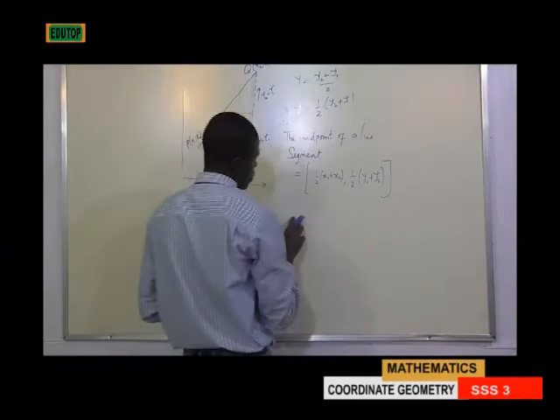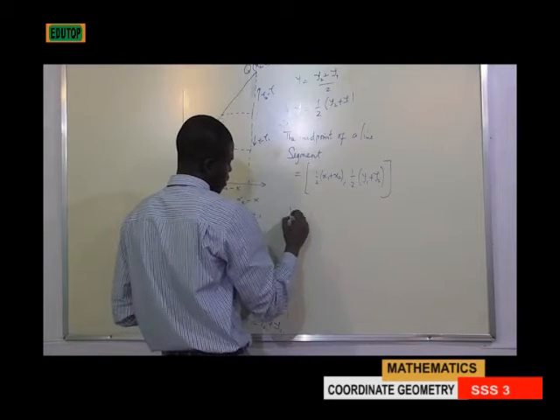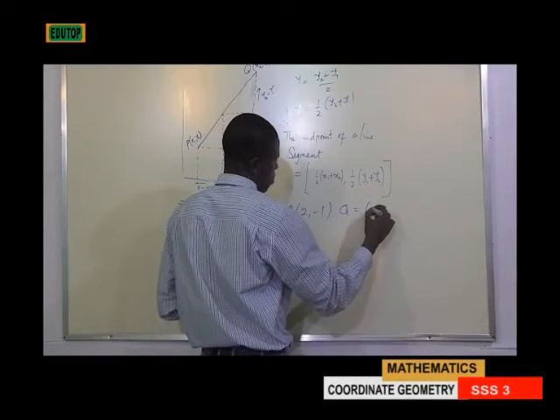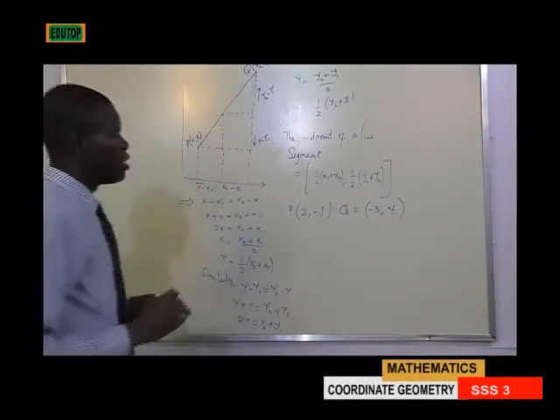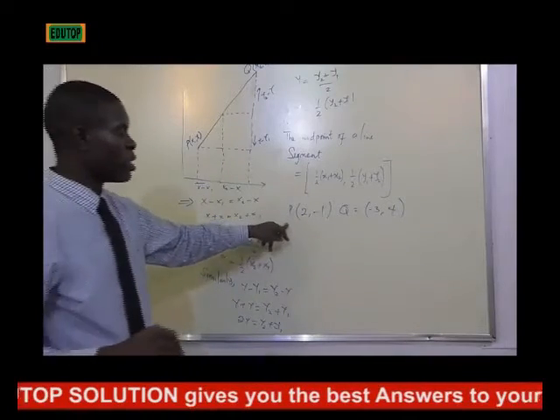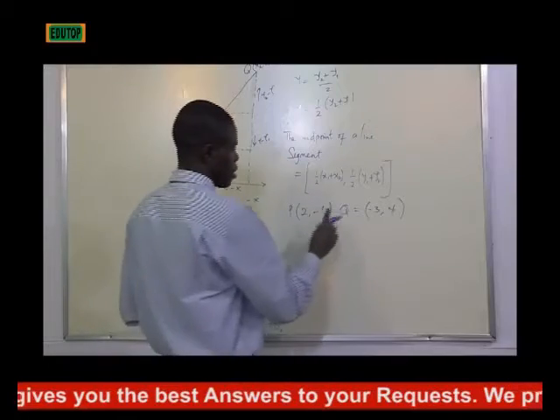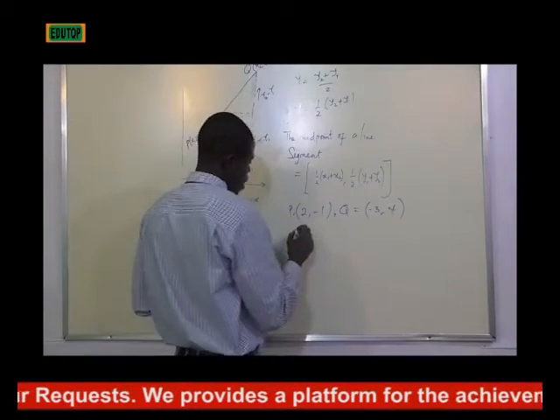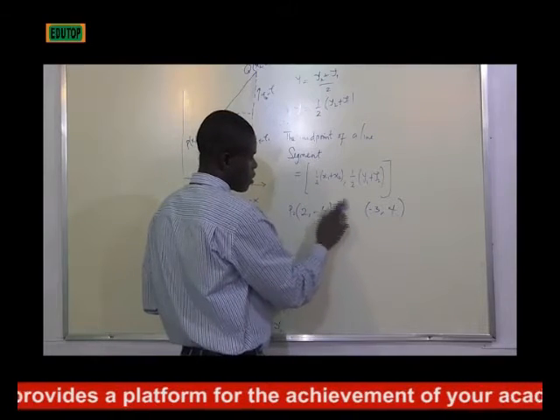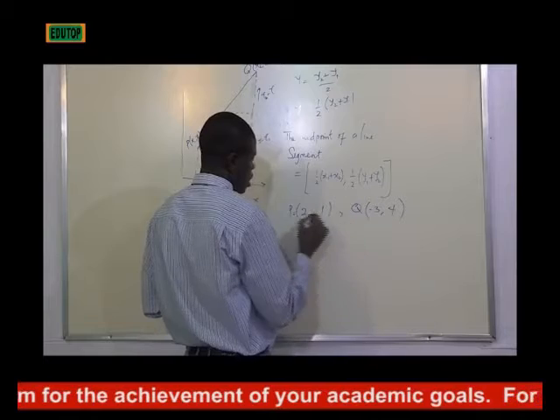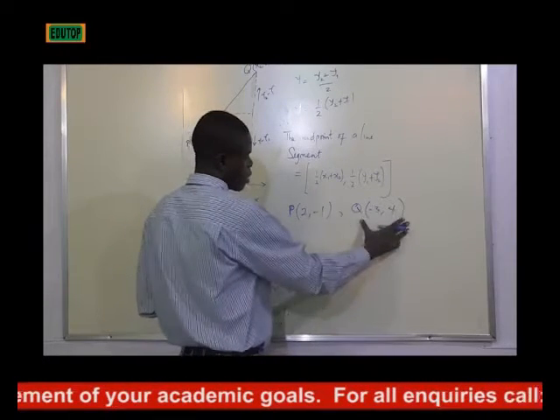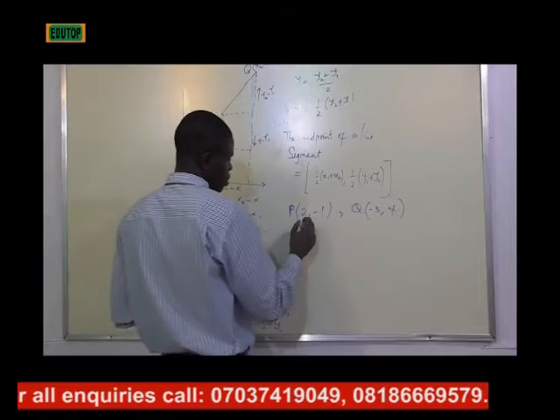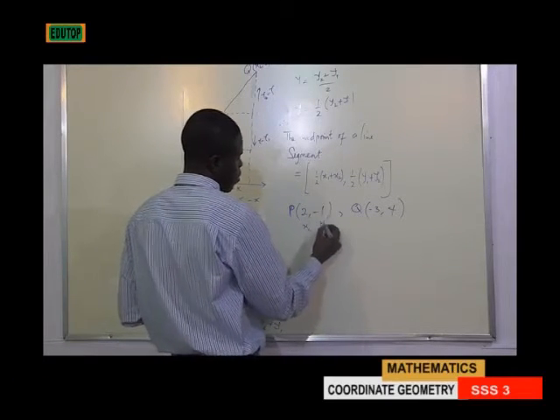Now, in a situation whereby you are given 2 points, let's say P to be 2, minus 1 and Q to be minus 3, 4, and you're asked to determine the midpoint of P and Q. The first thing you do is write: this is your point P, and this is your point Q. You have to determine the midpoint of points P and Q. So this is your x1, this is your y1.